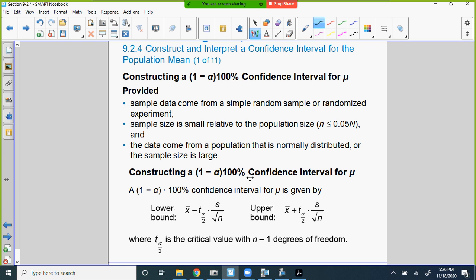And the upper bound would be x bar, the mean of the sample, plus the t score times the sample standard deviation over the square root of n. So it's just like what we calculated in a one proportion interval, but it's using different parameters. We're using a t table, a t distribution now. Any questions on that?